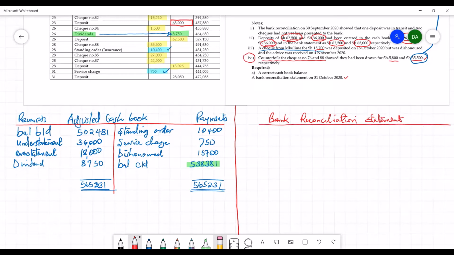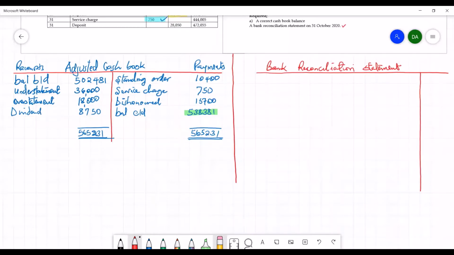Right, in the bank reconciliation statement, I will begin with the balance as per adjusted cash book.